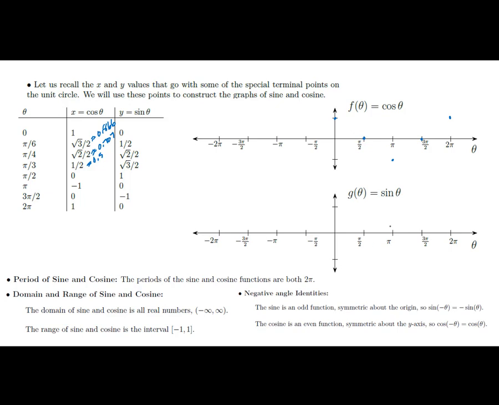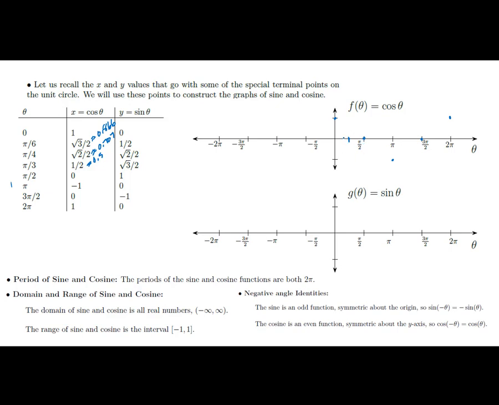So let's try to mark these on our graph. First of all, pi over 4 is exactly half of pi over 2, so that puts pi over 4 right there. And then understand that pi over 2 is the same thing as 3 pi over 6.